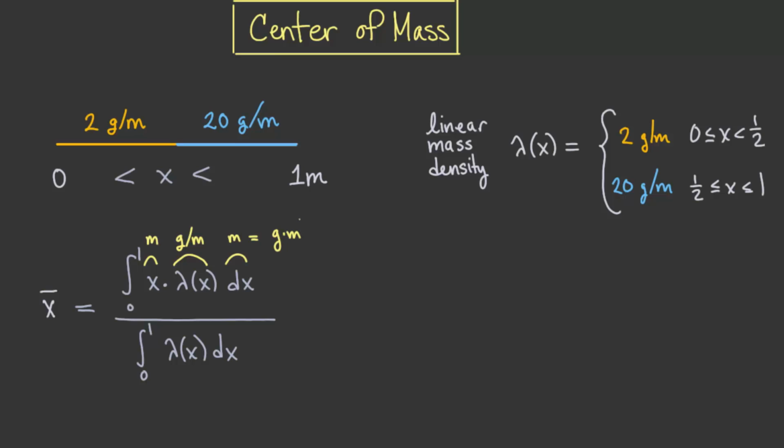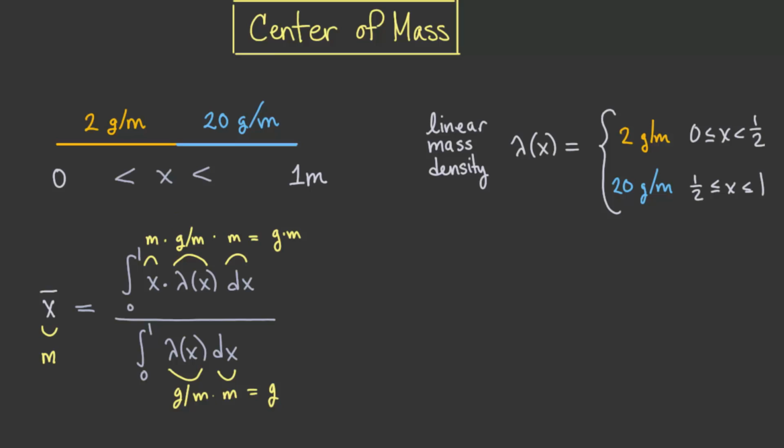The denominator is the integral of lambda with respect to dx, which is just adding up all of the mass density along the rod to get the total mass. So this integral has units of grams per meter times meters, which is units of grams. When we divide these two integrals, the resulting weighted average has units of meters, which are the units we expect a position to have.